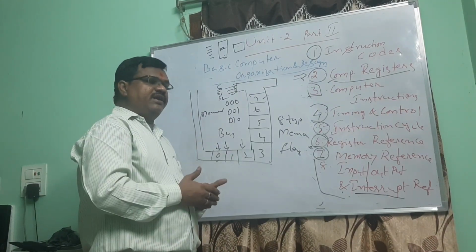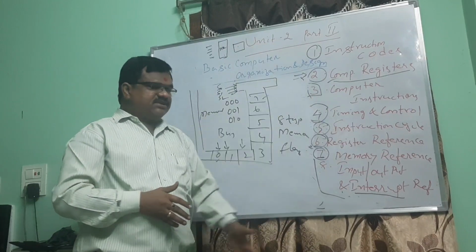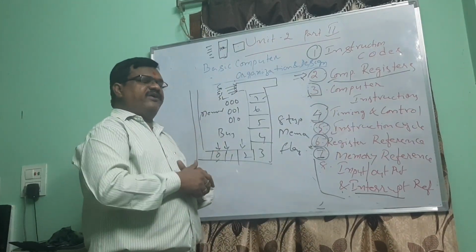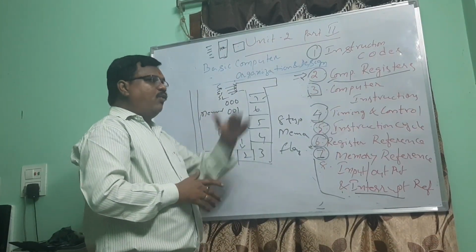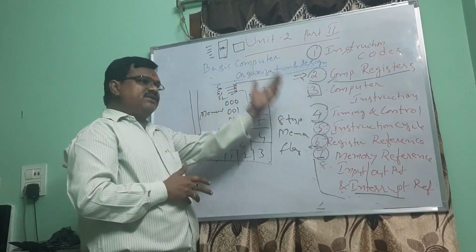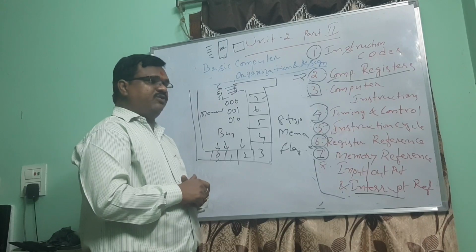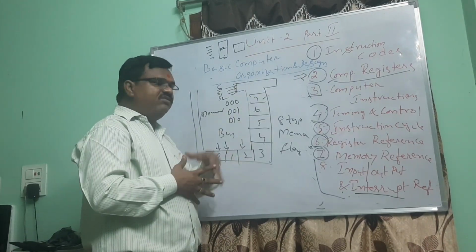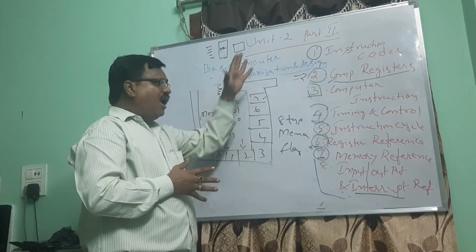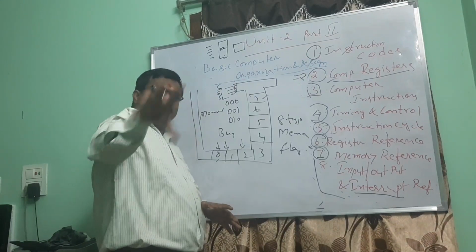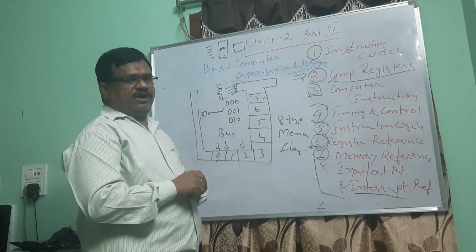For that purpose, what are the various types of instructions we are using, what is the format of each instruction, what is the length of each instruction, what are the different types of registers we are using, and how they are involved in the set of instructions. All those things must be familiar to you by the end of this part 2.